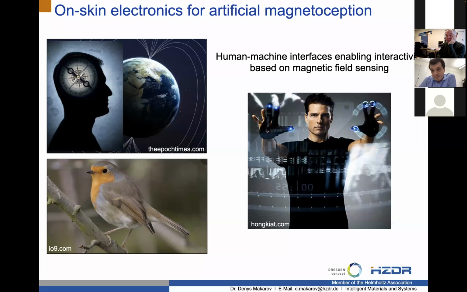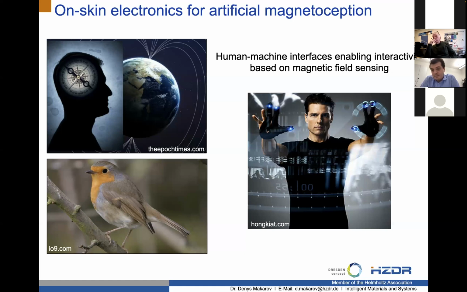One of them is super trivial, because in this case, you can start navigating as birds, for example, or different animals using geomagnetic fields. This is a trivial explanation, but still a valid one. Something which is maybe more appealing is realization of human-machine interfaces, where you can explore the interaction of these wearable devices with external magnetic fields in order to realize, let's say, interfaces for how you can operate with virtual objects.